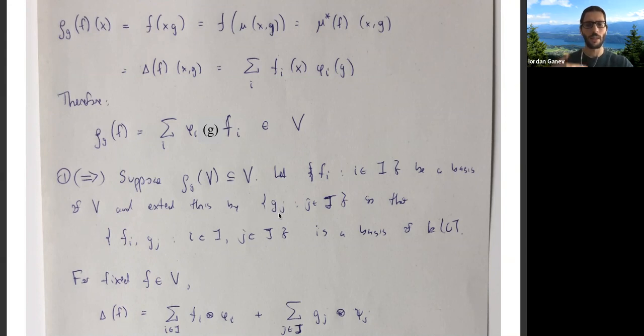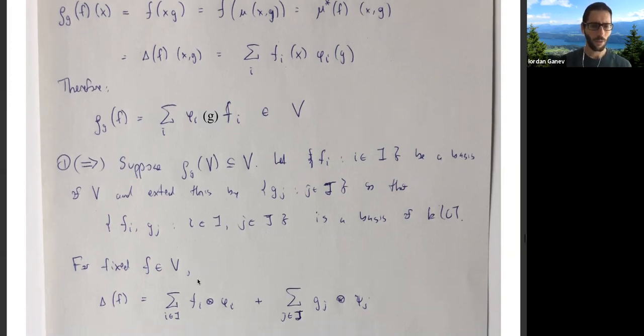And we extend this to a basis of all of k brackets g by taking this, yeah, maybe this is bad notation to call them g sub gi, but we extend this basis to a basis for all of k brackets g. So this is some infinite dimensional basis. It's pretty big. And now we know that the coproduct has to be of this form.